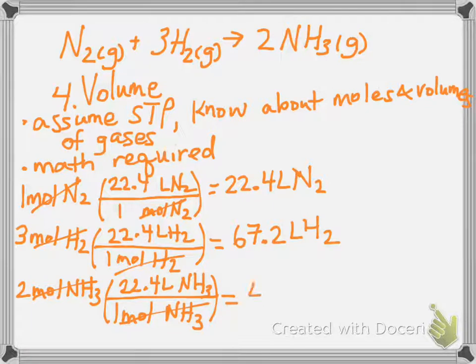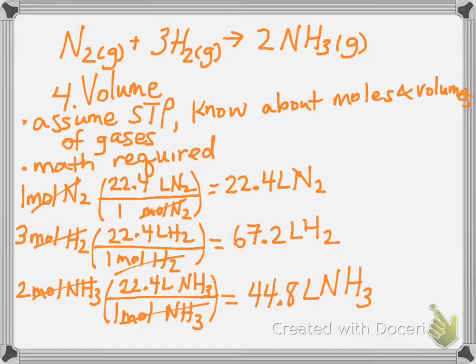So we get 44.8 liters of ammonia. Notice there is no conservation law involving volume. Okay, so volume is not something that's conserved, so your reactants will not equal your products. Okay, but this is how you would interpret your chemical equation in terms of volume.